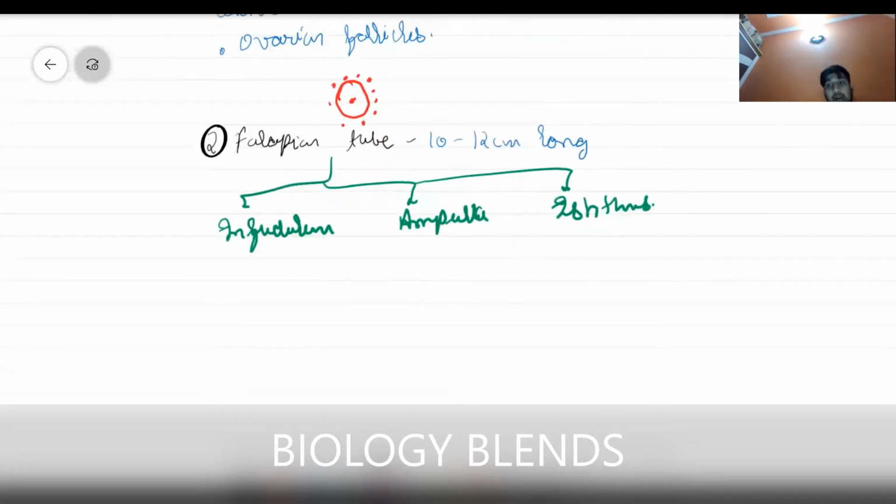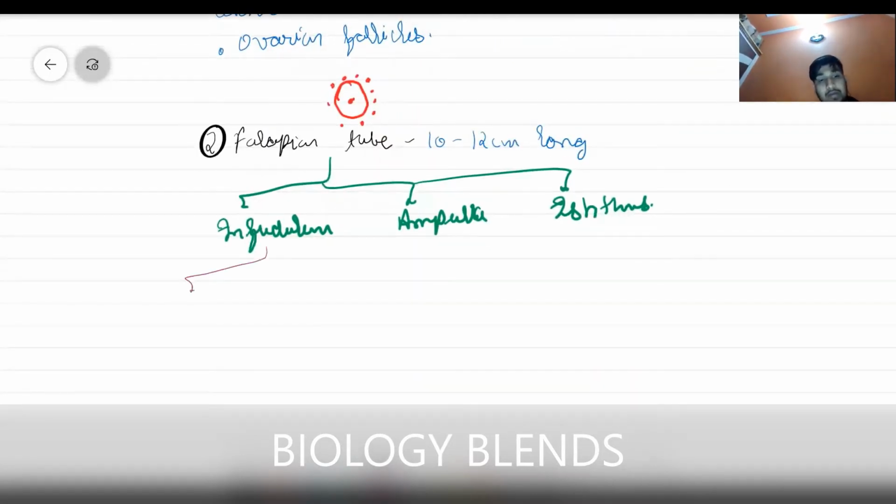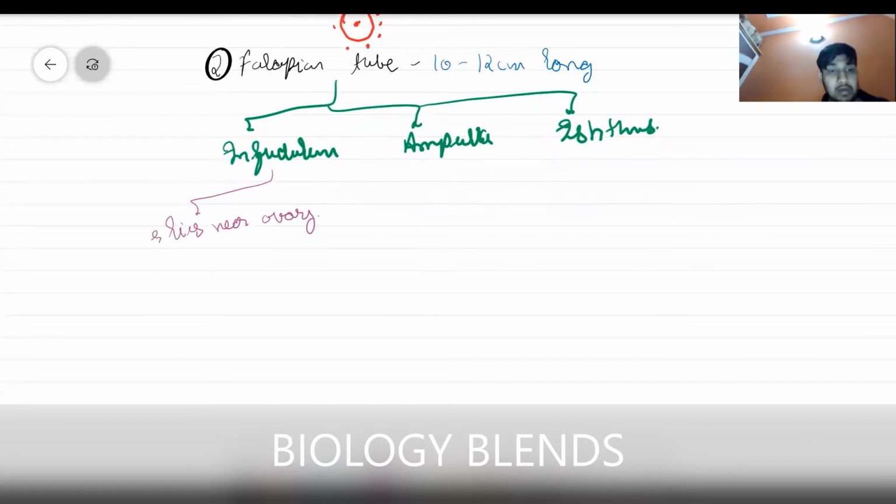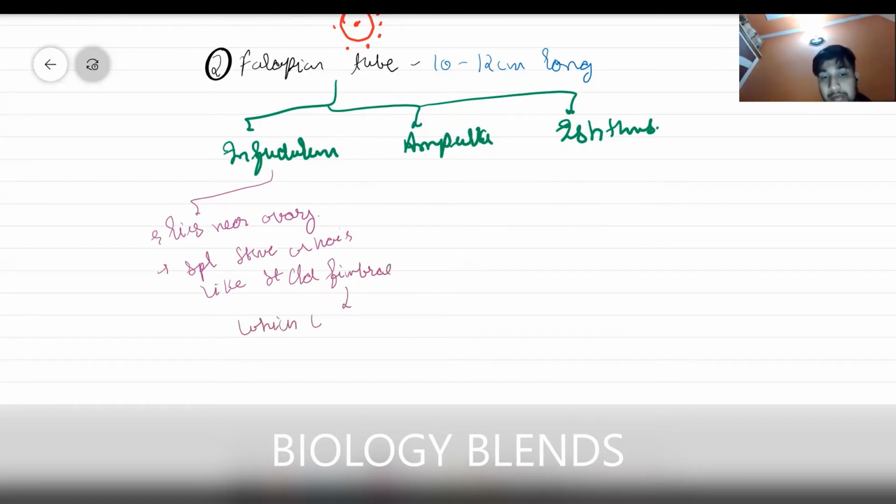What is the feature of the infundibulum? The infundibulum is the part of the fallopian tube which lies near the ovary. It has a special hair-like structure called fimbriae, which catches the ova.